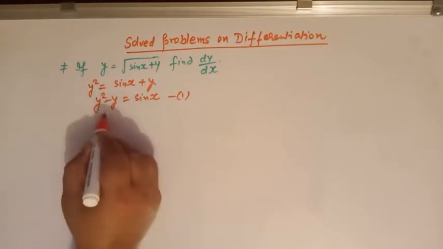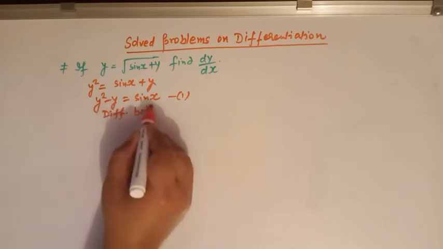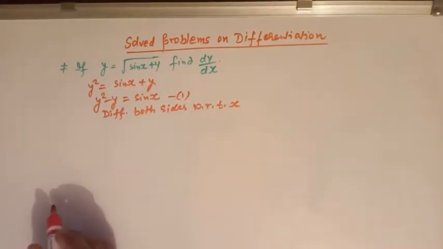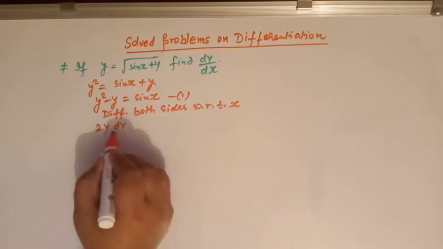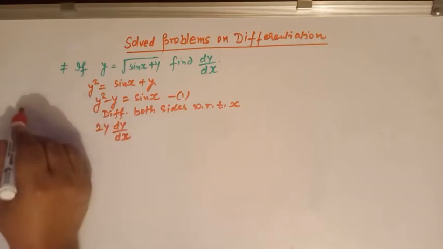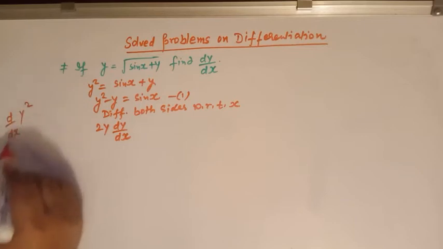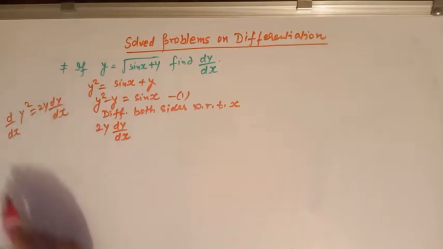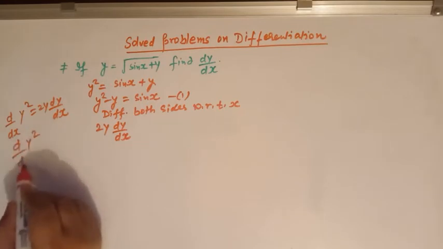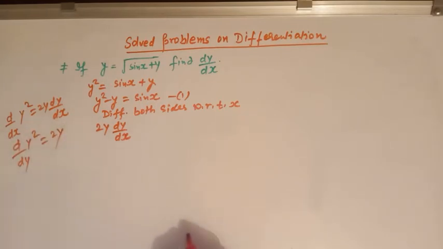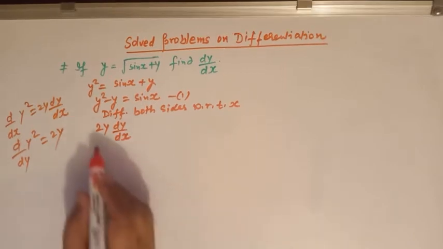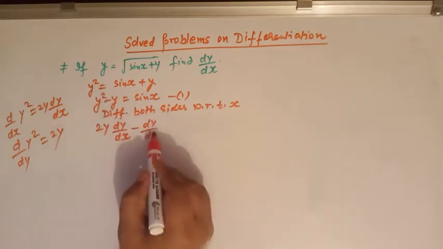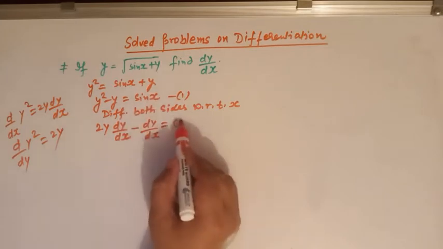So if we differentiate both sides with respect to x, we have 2y dy over dx, because the derivative of y square with respect to x, always remember, is 2y dy over dx, but the derivative of y with respect to x is simply dy over dx, and the derivative of sine x is cos x.